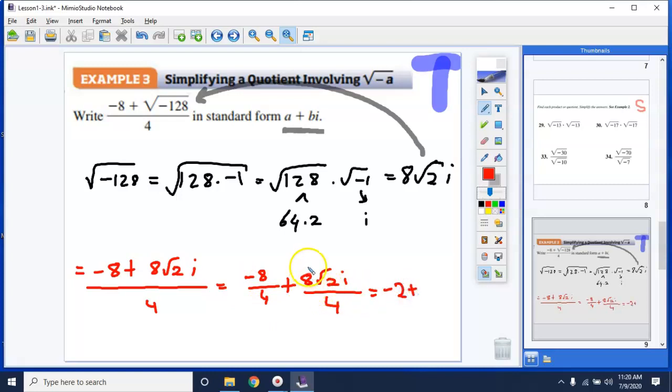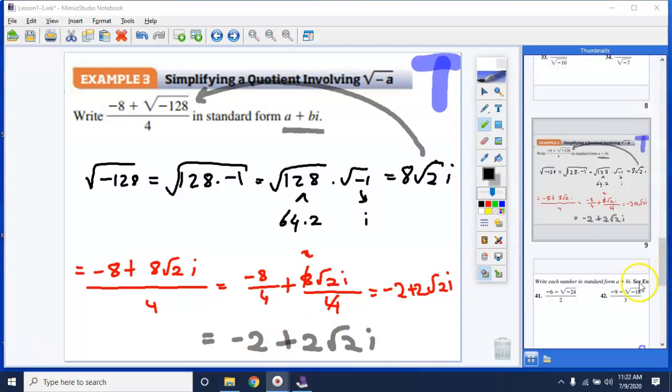And this part, these two will cancel each other. I got 2 here. So 2 square root of 2i. Let me rewrite over here so we can see better. Negative 2 plus 2 square root of 2i. That's my final. Okay, let's move on, guys. It was a final answer.